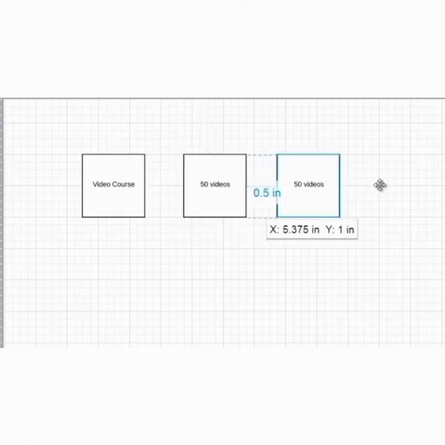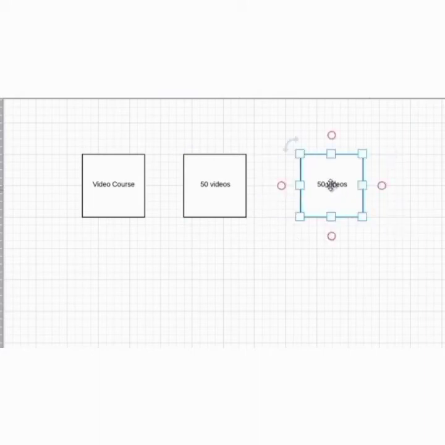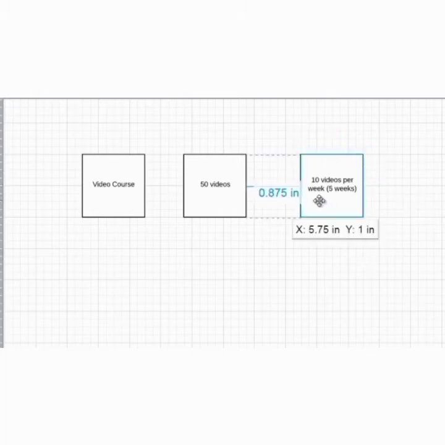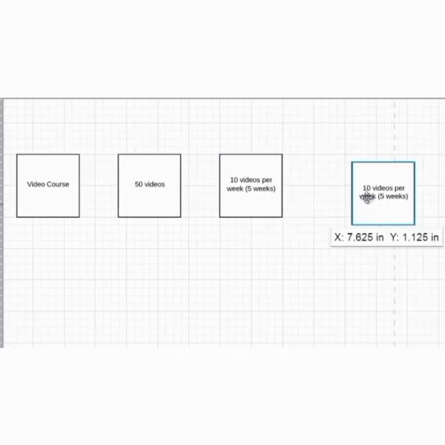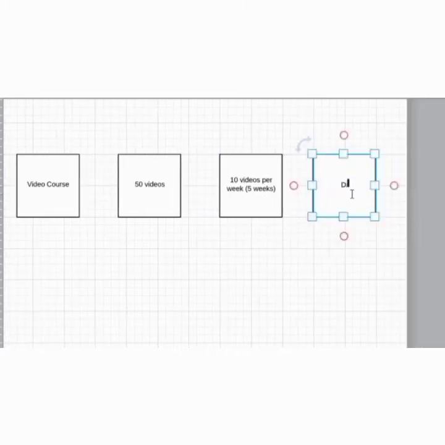Okay, so 50 videos, maybe I'll give them 10 videos per week for 5 weeks. So in this case, I'm definitely going to have to drip feed it. So I'm going to put that down. Drip feed.